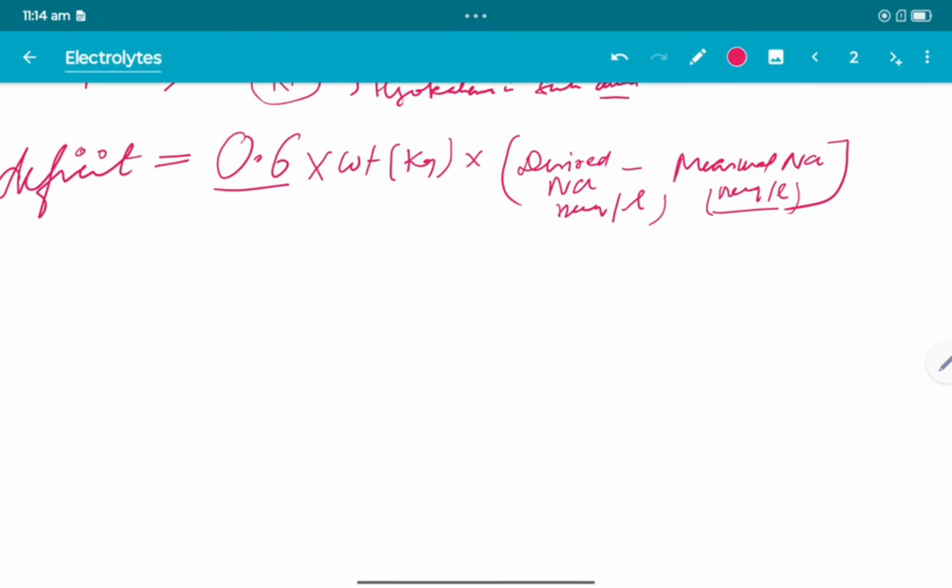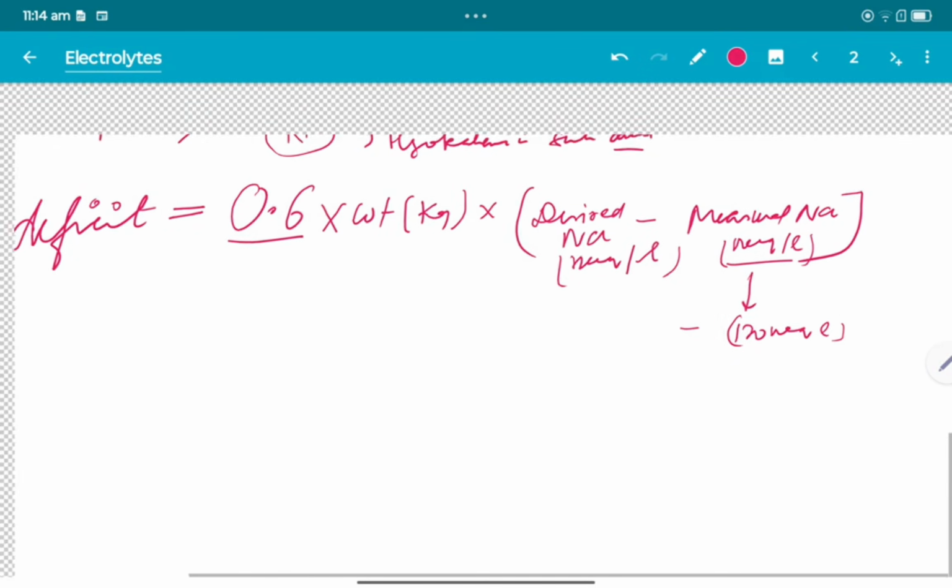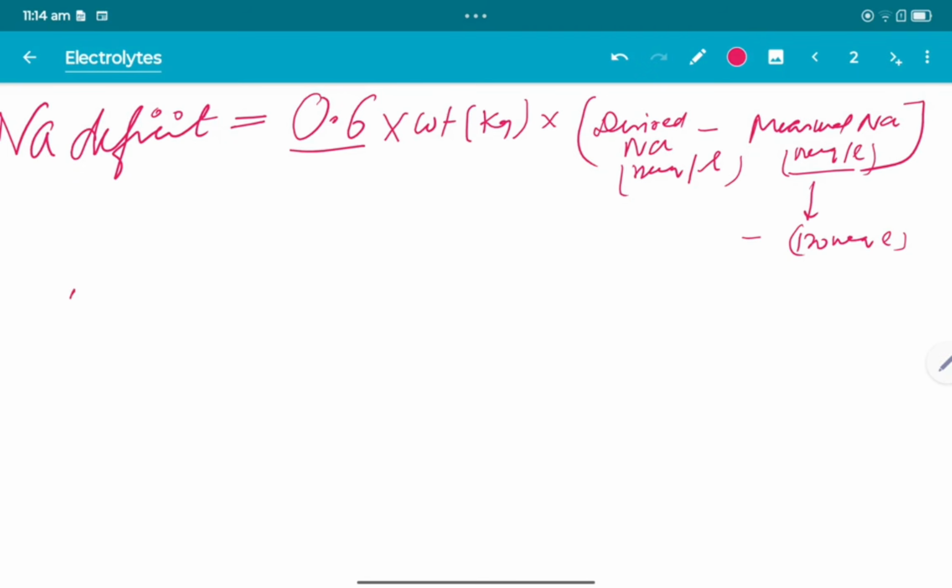Suppose there is a 50 kg man, and his sodium value is 120. Then what is the desired? Suppose normal sodium level is 135. You all know normal sodium level in plasma is 135 to 145 milliequivalent per liter.